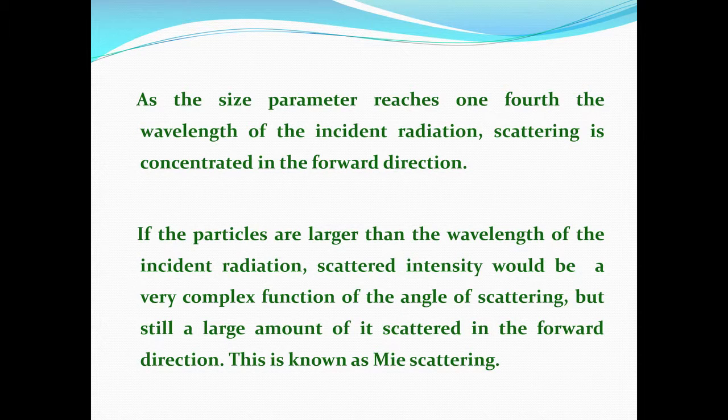So, it is not measured in all the directions, only along the direction of the electromagnetic radiation. If the particles are larger than the wavelength of the incident radiation, scattering will obviously be in all directions, and scattering intensity would also be a very complex function of the angle of scattering, but still a large amount of it is scattered in the forward direction only.